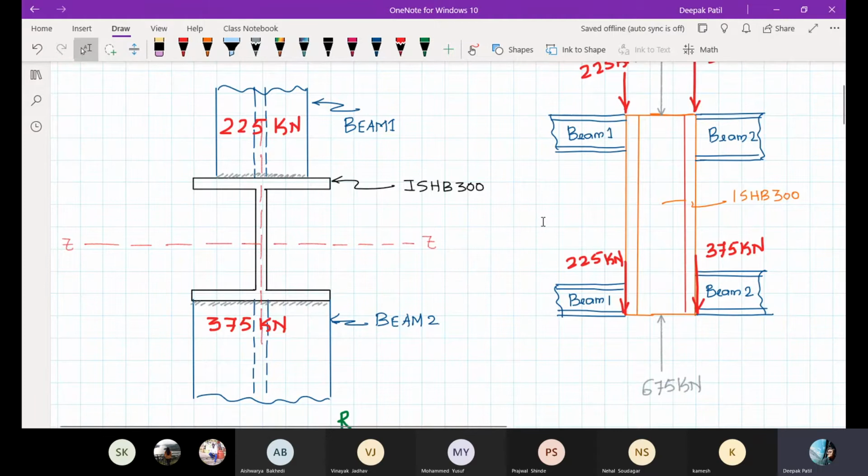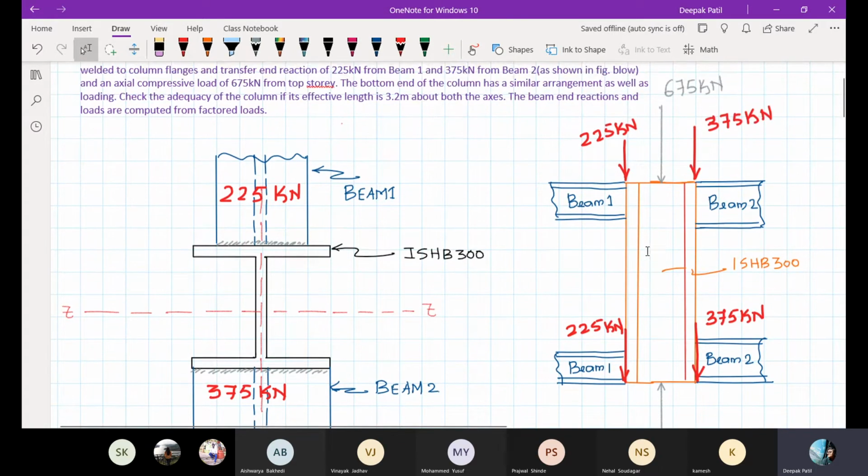Okay, so let me show you the side view of this. This is your column. These two are actually the flanges. Flange thickness you can see here. This is the web portion.